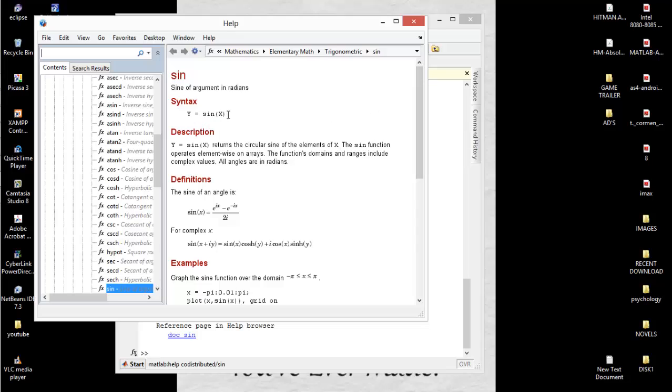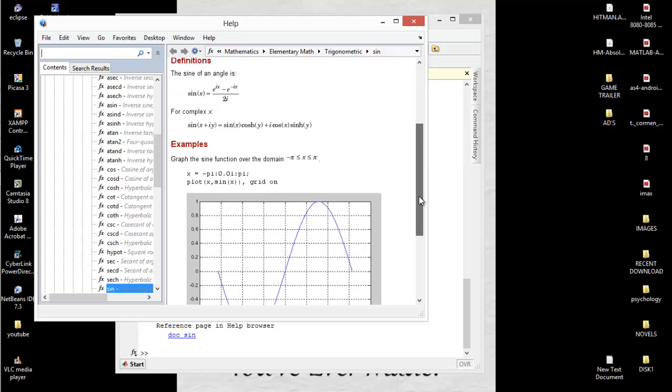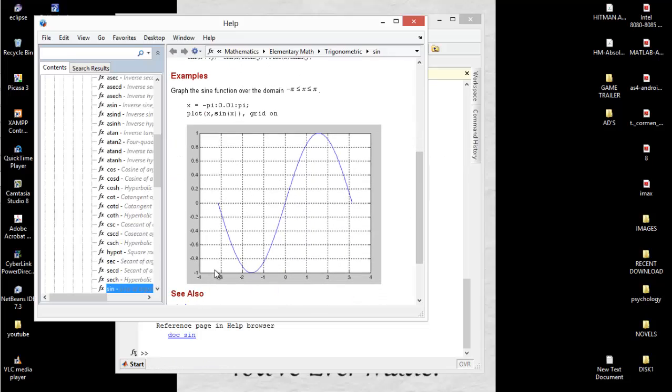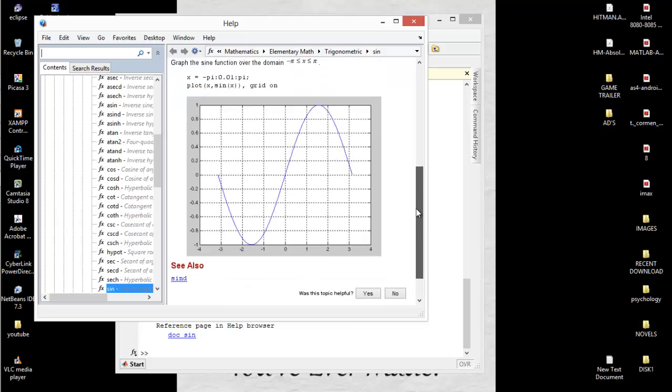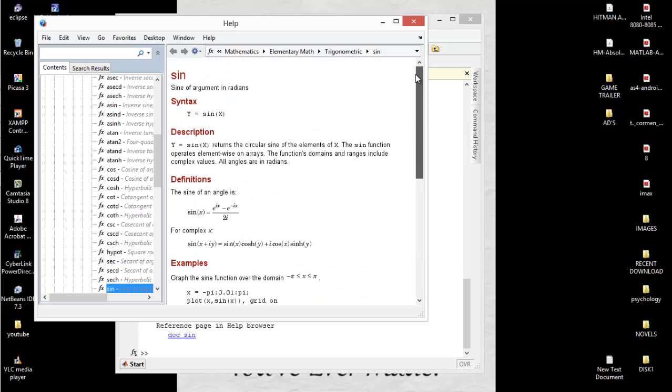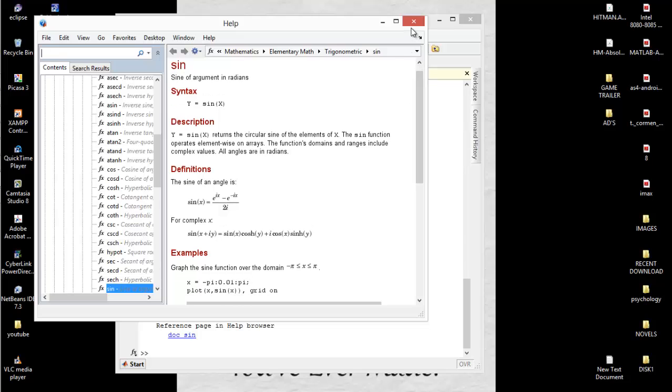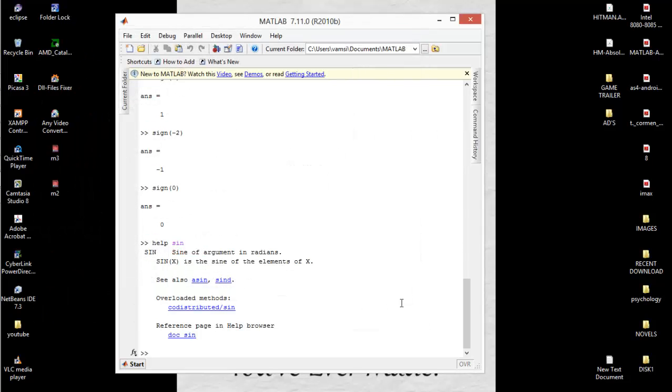It's a trigonometric function whose formula is shown here, and this is the graph of that function over the interval. This is how the function looks. If you want greater detail, that will be there too. This help menu helps you a lot. You can learn about all the other functions if you want. So this help menu is very useful. Don't forget it. If you don't know anything about a particular function, just go to the help window.